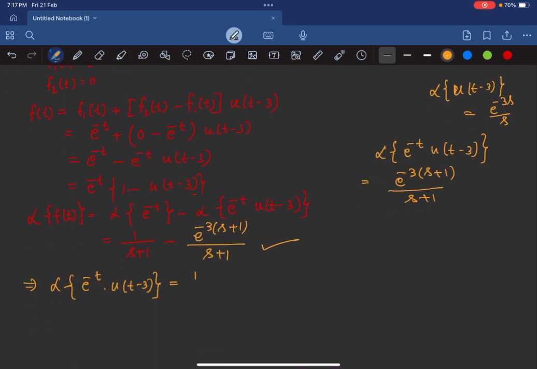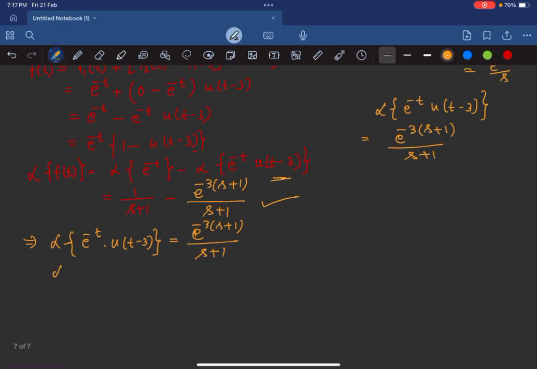So this is given by 1 by s plus 1, minus this part, that is e^(-3(s+1)) by s plus 1. The Laplace transform of e^(-t) is from here 1 by s plus 1. So here you have this idea.